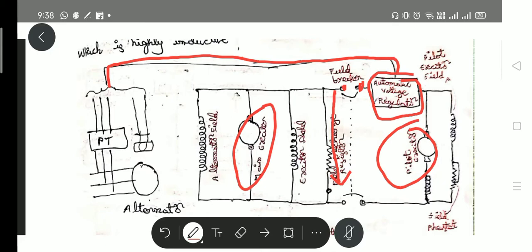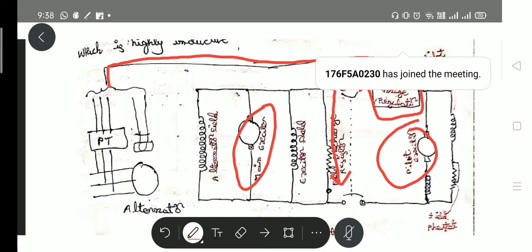In this main and pilot exciter, the shaft is driven by a motor.